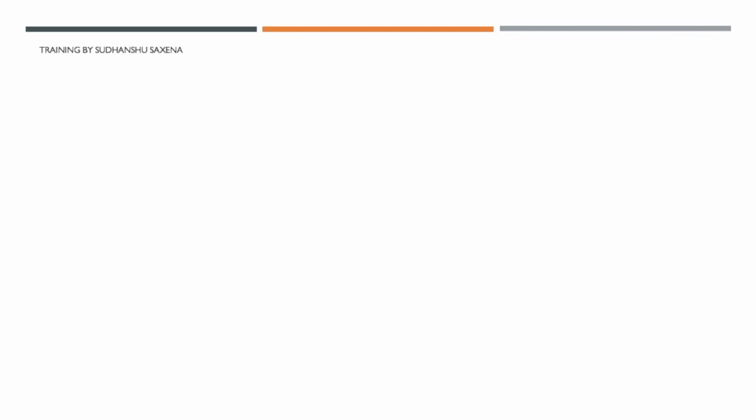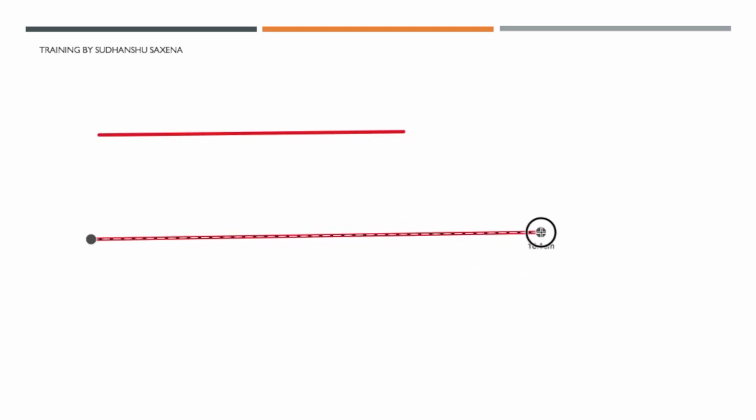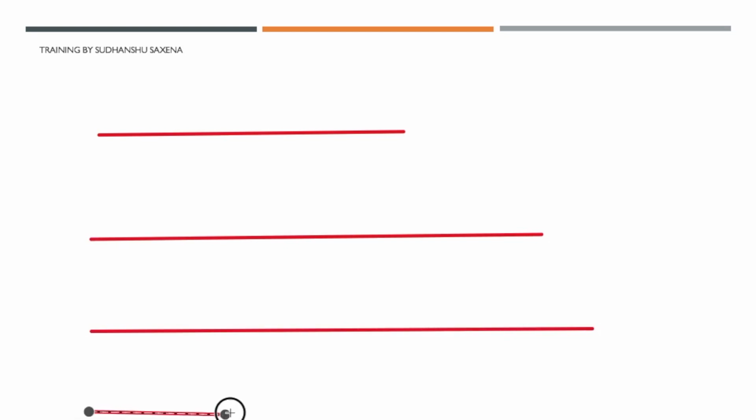I have a range of values over here, and I have another value over here, one more value over here, and the last value is somewhere around this. Now just think, these lines are completely different.